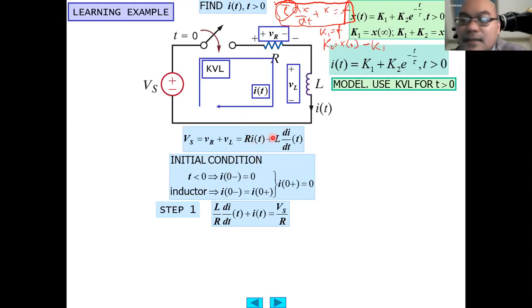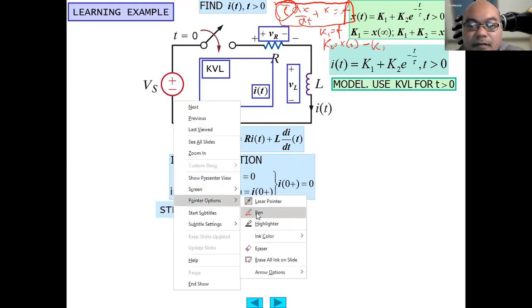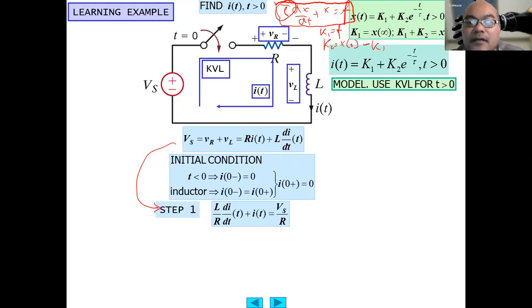So it becomes i. The other terms have also to be divided by R. So this term becomes L over R di/dt, and this term becomes Vs over R. So from here to here, L over R di/dt is the basic term tau dx/dt, plus i, similar to the standard form x, equals Vs divided by R, which becomes the forcing function f.